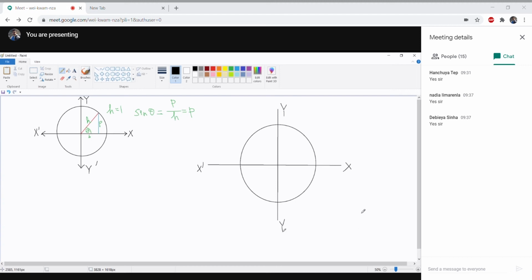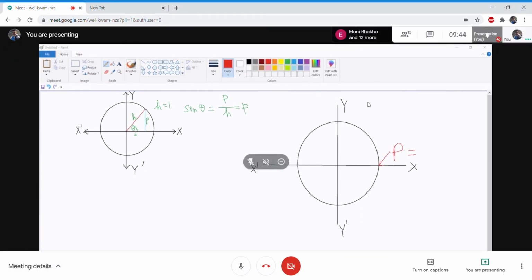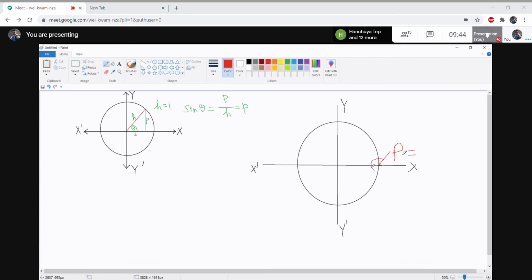Now can anyone tell me what is the value of p at this point? P means perpendicular. You can see this triangle, right? Suppose this H is this. What is the value of P here? Can anyone answer in the chat box? What is the value of P on that point? Let me know. This is a very important point.